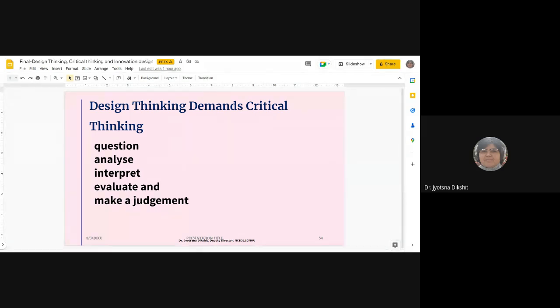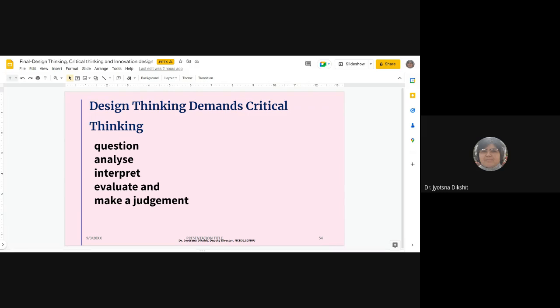You might have observed that during every stage of the design thinking process, wherever we were analyzing or reviewing, we were using the critical thinking process, where we have questions, we analyze them, interpret them, evaluate them, and then make a judgment. Basically, good critical thinking is about making reliable judgments based on reliable information, not like flipping a coin.